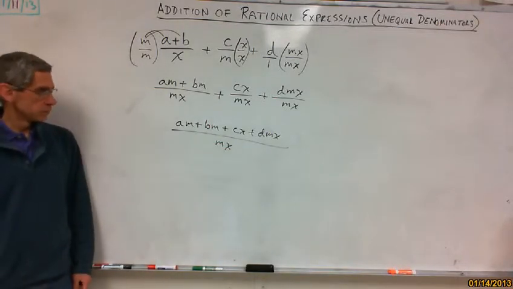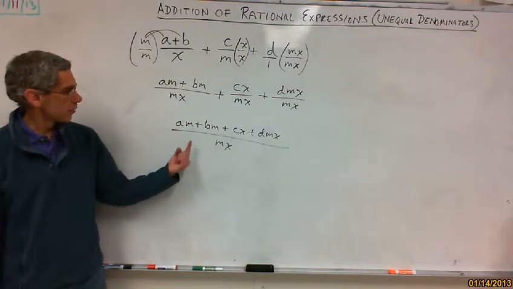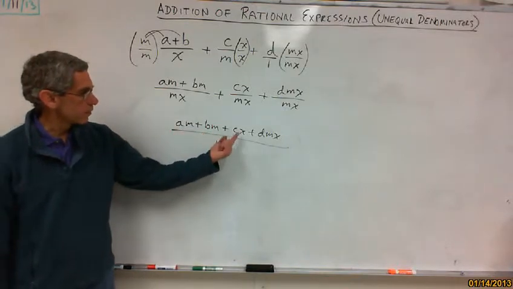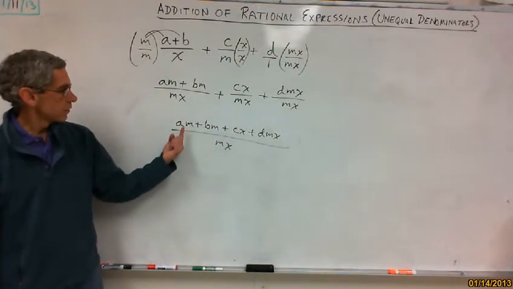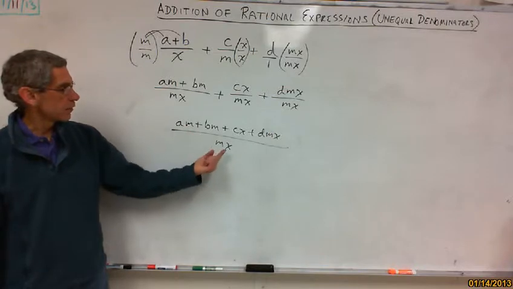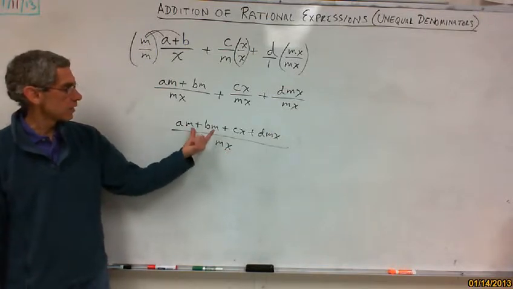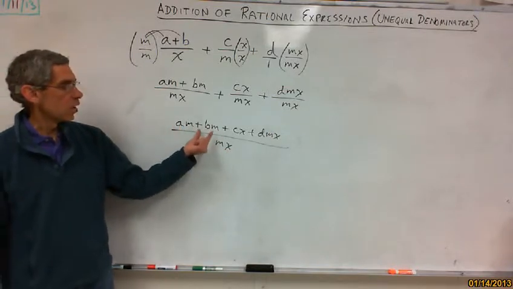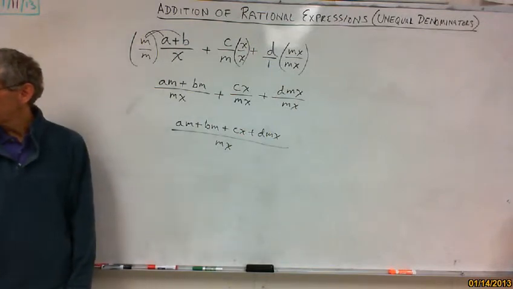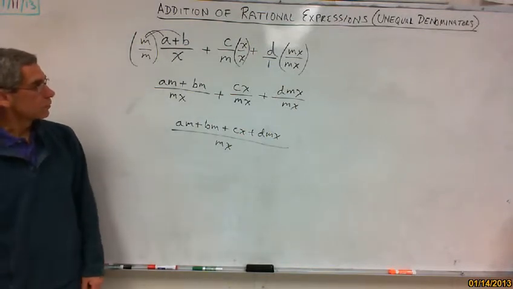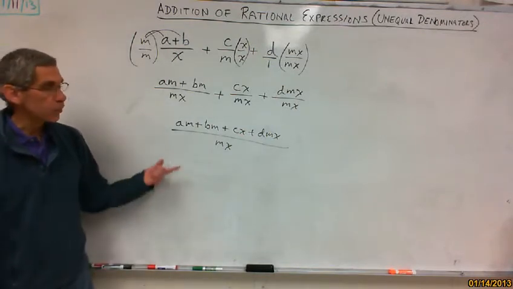And I can't take anything out of here because this has an m, but this doesn't have an x. If I'm going to take something out, it's got to be in all of these numerators. So that's the most I can do. That looks pretty useless, right?